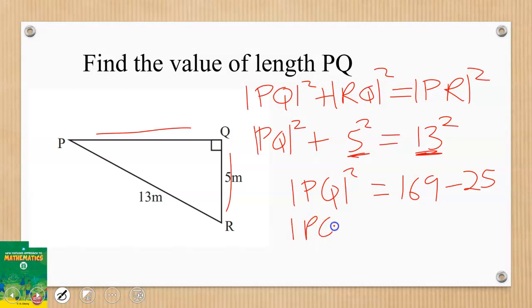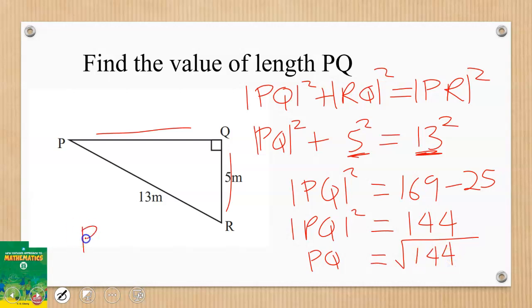So my PQ squared is equal to 169 minus 25, which gives us 144. Since we are making PQ the subject, we take the square root of both sides, and then we have square root of 144. What number squared will give us 144? That is 12. So 12 meters becomes the length of PQ. Great. I'm sure you are following.